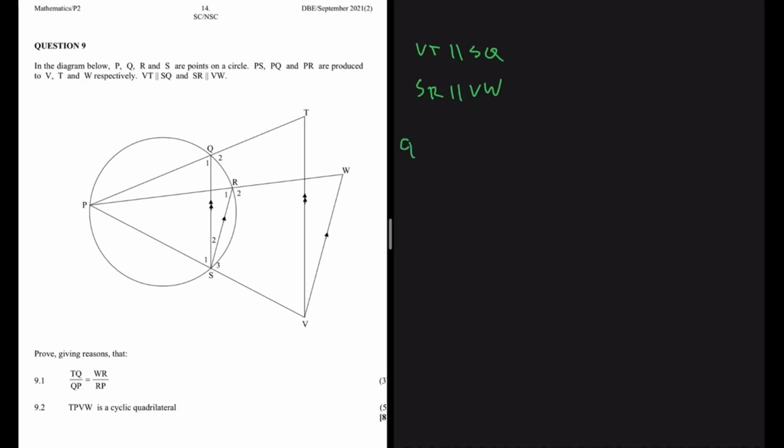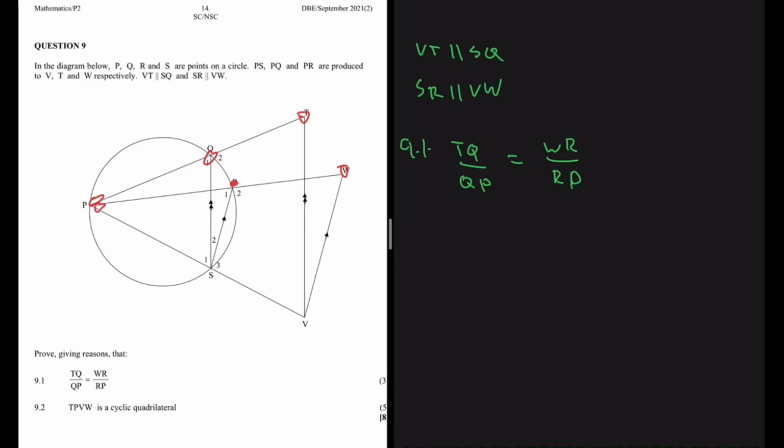So 9.1 says, prove, giving reasons, that TQ divided by QP is equal to WR divided by RP. So where's TQ? We have TQ here divided by QP being equal to WR divided by RP.